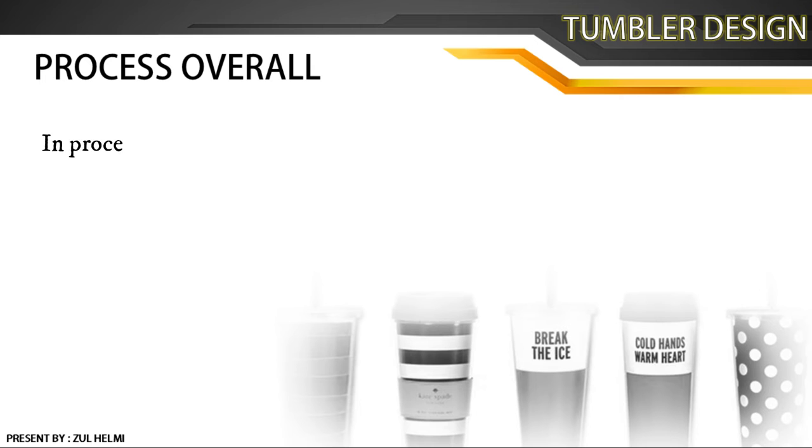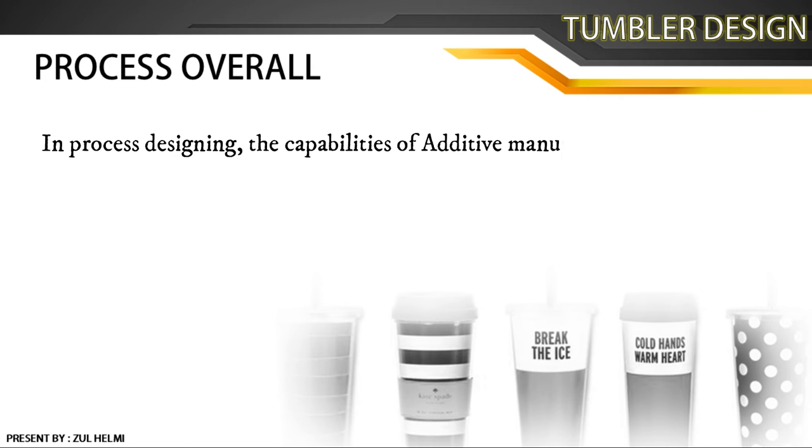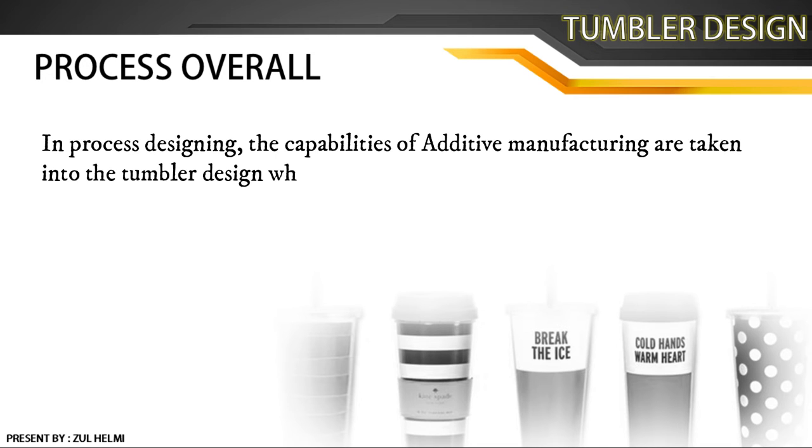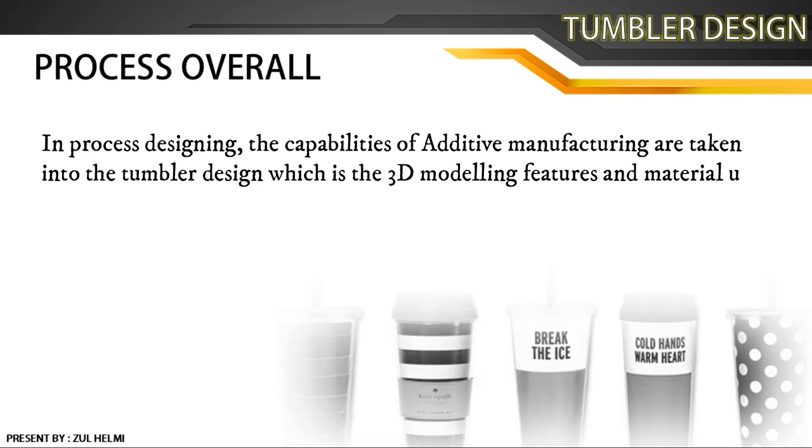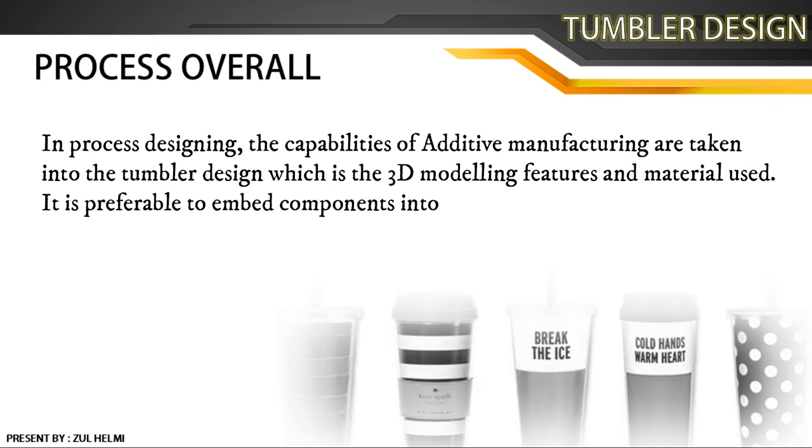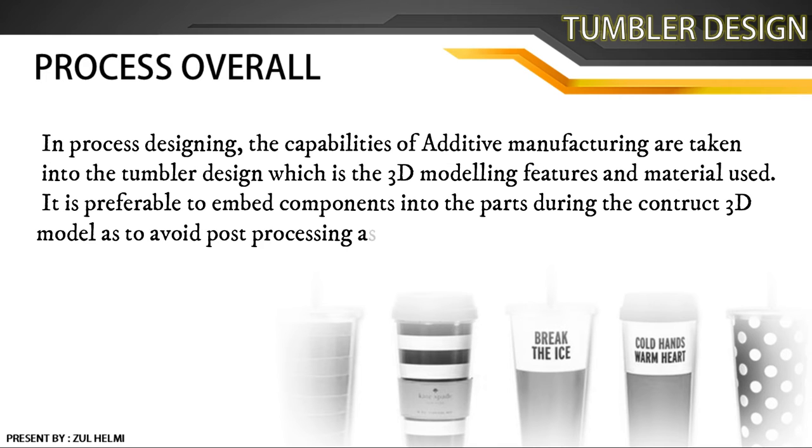In the design process, the capabilities of additive manufacturing are taken into the tumbler design, which are the 3D modeling features and the material used. It is preferable to embed components into the parts during the construction of the 3D model to avoid post-processing assembly.